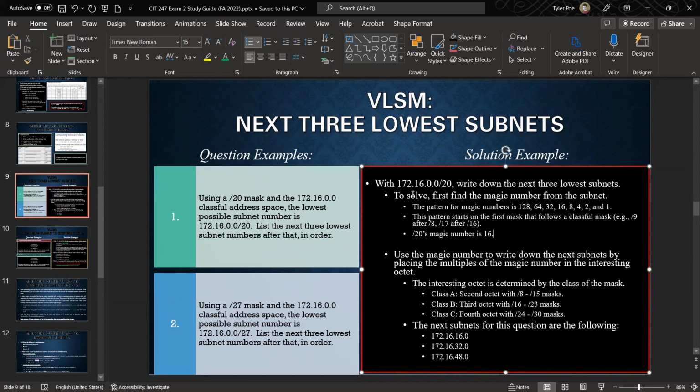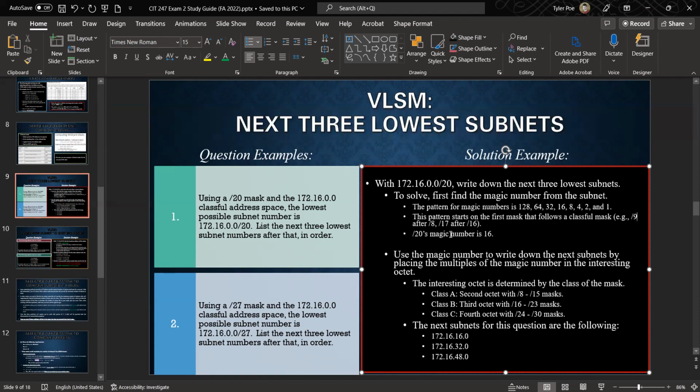The way we do this is we write down the next three lowest subnets by first finding the magic number from the subnet. Magic numbers are in a pattern from 128, 64, 32, and so forth to 1. This pattern starts on the first mask that follows a classful mask. For example, the first classless mask is /9, coming after /8. So /9 is going to have 128, /10 is going to have 64, and so forth.